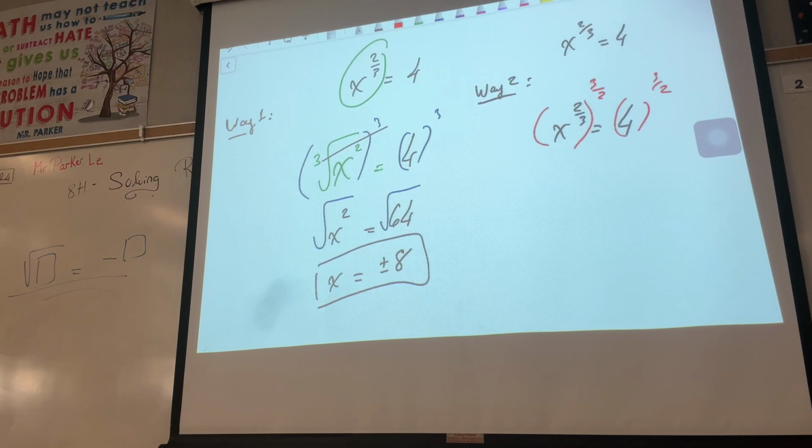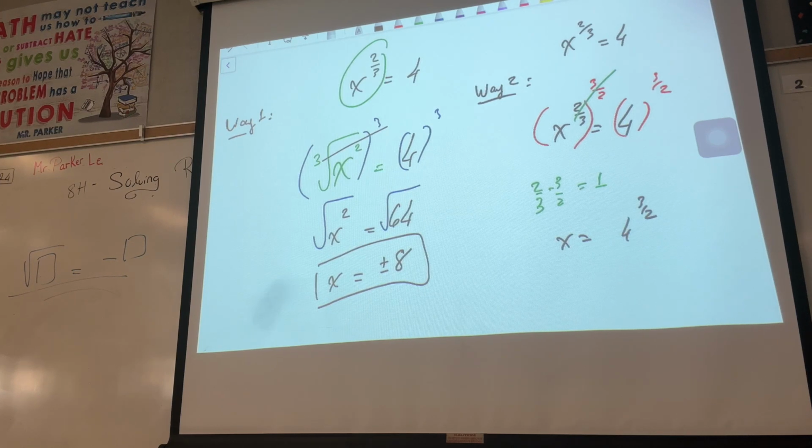So I'm not dealing with the x anymore, but I'm dealing with the 4. It's easier for me. Because 3/2 and 2/3 are going to cancel out, right? 2 times 3 times 3 times 2 is going to be 1. You multiply the reciprocal, it's going to be 1. So this is gone. So now your answer is x equal to 4 to the 3/2.